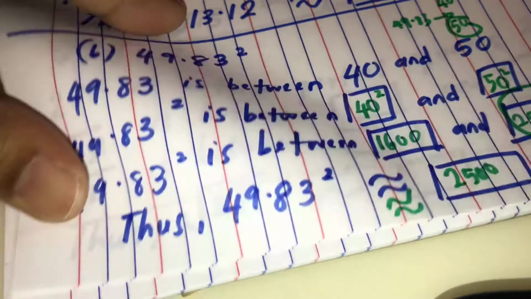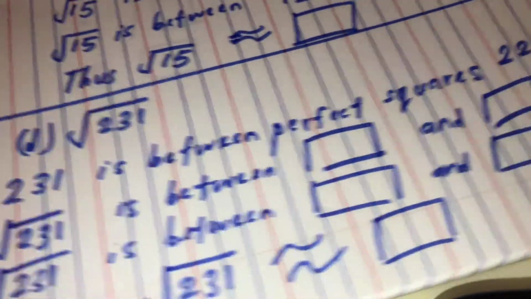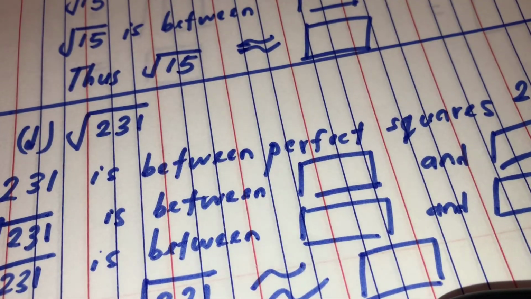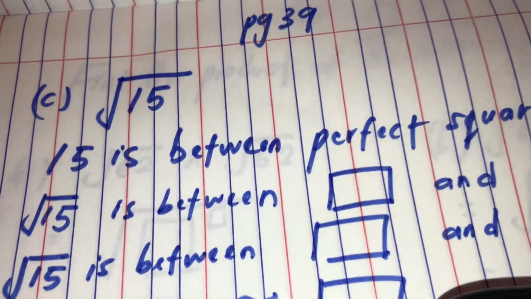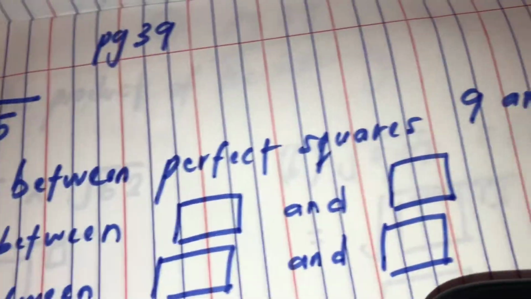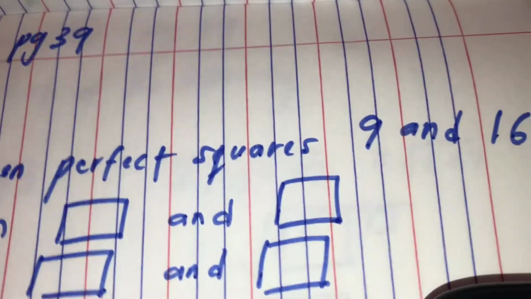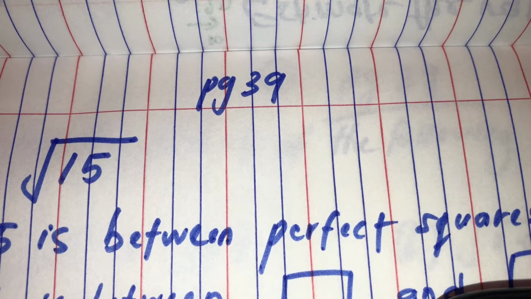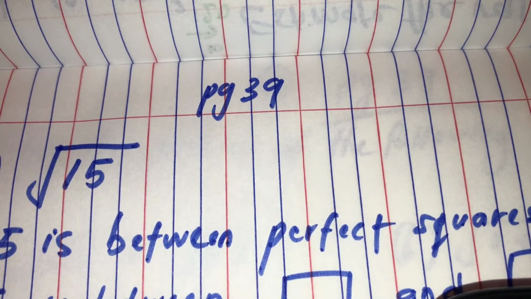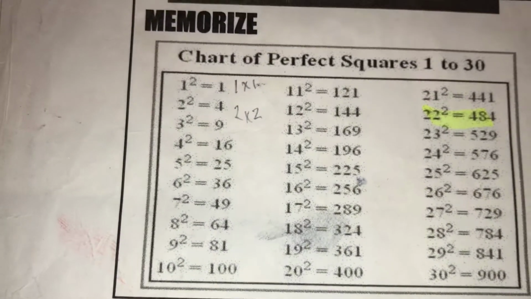Okay, next, if the question involves the perfect square root, so square root 15 is between perfect square 9 and 16. Because you already memorized this, you refer to the chart. If I show you the perfect square, the question asks you square root 15, right?